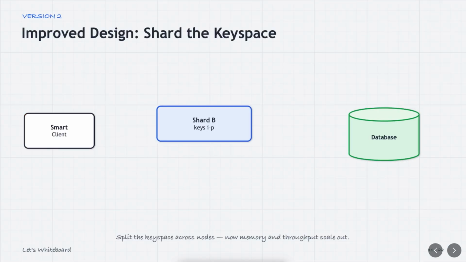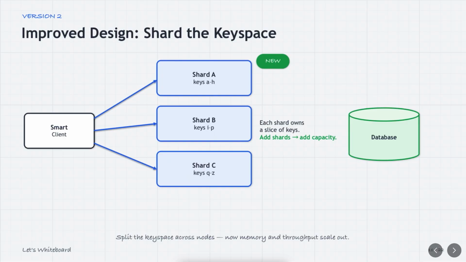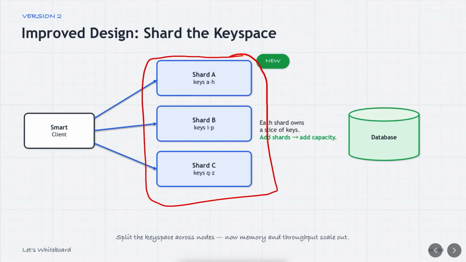Let's see how we can improve the design. What if instead of one single cache machine, we use multiple cache machines, and we are not storing each and every piece of information in each node of this distributed cache? We are sharding the cache.